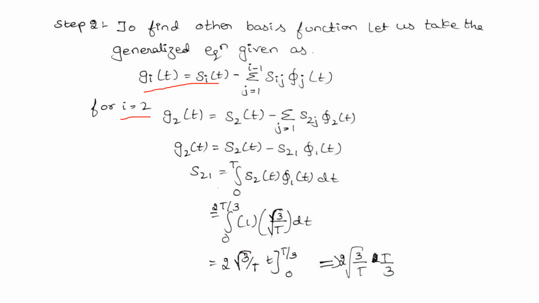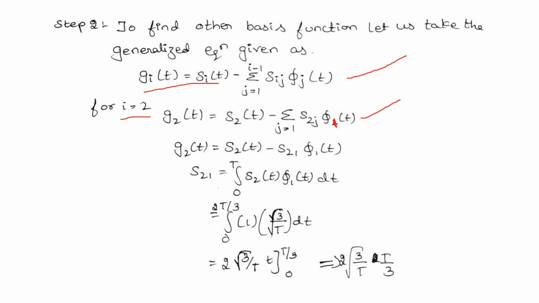Substituting i is equal to 2 in this equation, I am getting the equation like this, with a slight change: it is s21, not s22, and the summation interval is from j is equal to 1 to 1 because 2 minus 1 is 1.